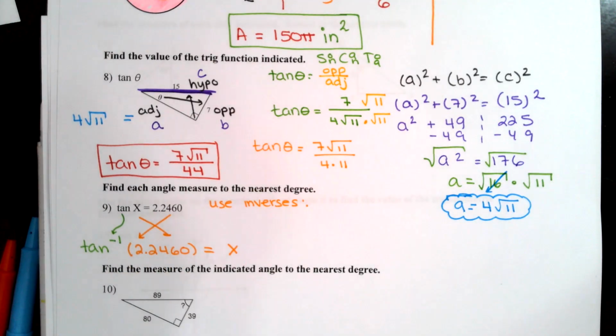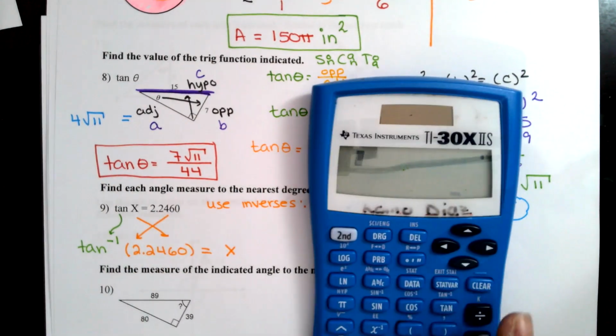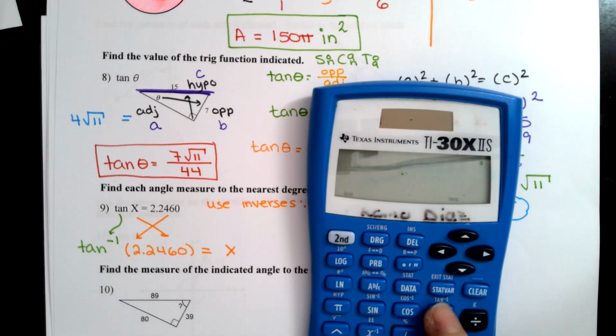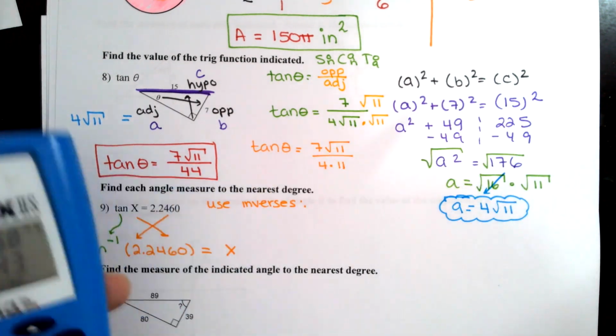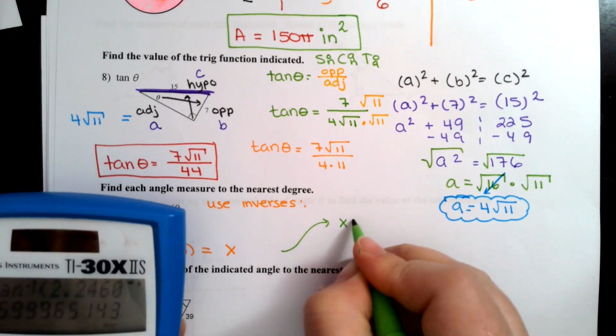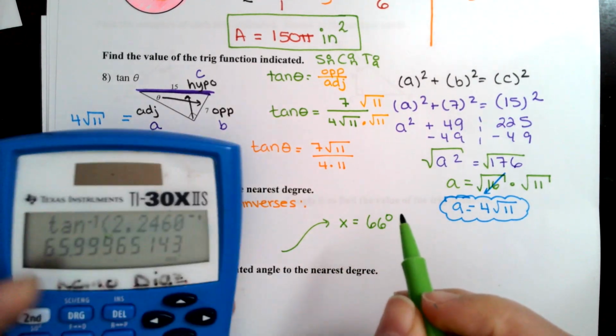Remember, on the calculator, this is not a -1. This is a symbol for inverse. So you're going to press second, invert tangent, and then type in 2.2460, close it, enter. And now this is asking us to round to the nearest degree. So x is equal to 66 degrees because we have a 9 here.